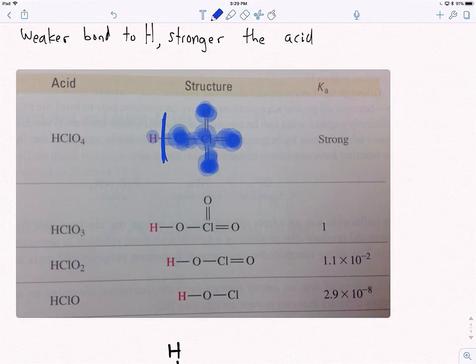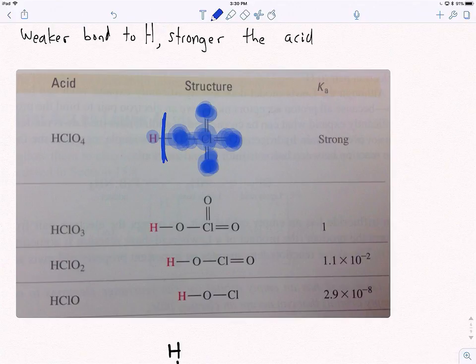This hydrogen here is pretty bonded. It likes to stay together. Add another oxygen to it, electron density gets pulled away from the hydrogen and weakens the bond, but it's still holding on. Another oxygen weakens it even more, so this is a fairly weak bond. And when you add the fourth oxygen, it completely weakens that bond. It can pop off very easily.